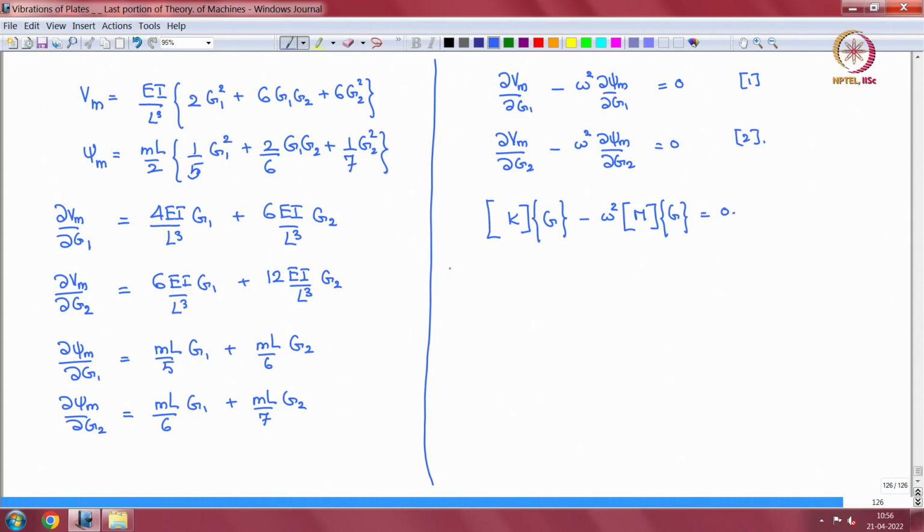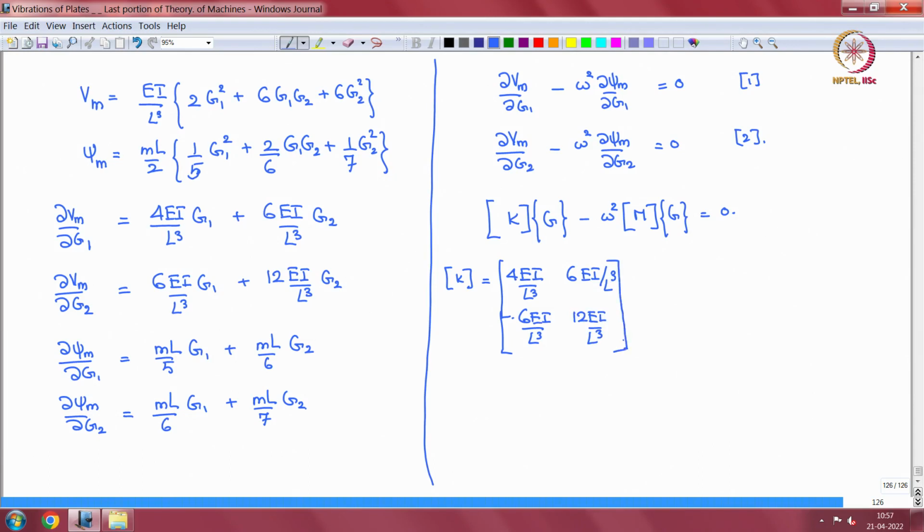Okay, and what is k here? K in this case is 4 EI by L cube, 6 EI by L cube, 6 EI by L cube, 12 EI by L cube.